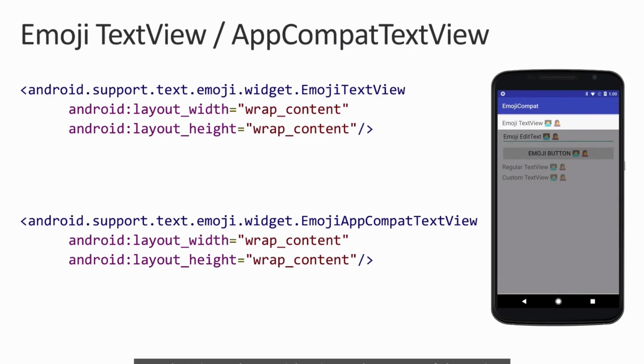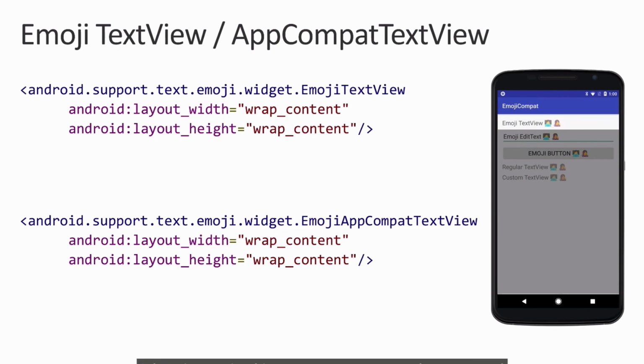And let's just take a quick spin at some of the various widgets we get. The first one is the text view, and notice that the syntax for the widgets themselves is very similar. It's just those from the app compat library come with the word app compat inserted in there. So as well, when you're using the emoji app compat widgets, make sure that your activity subclasses app compat activity and not just the activity class from Android 8.0.